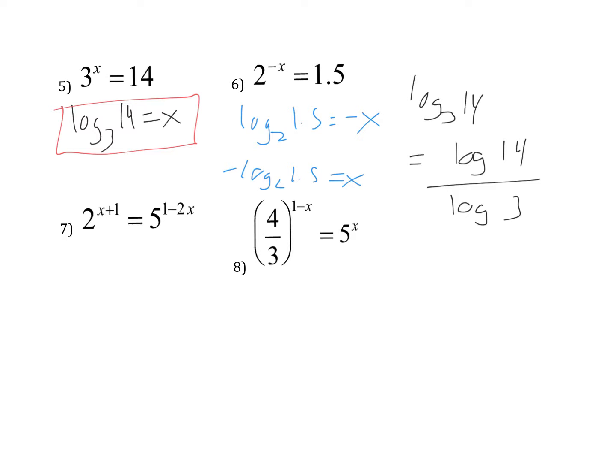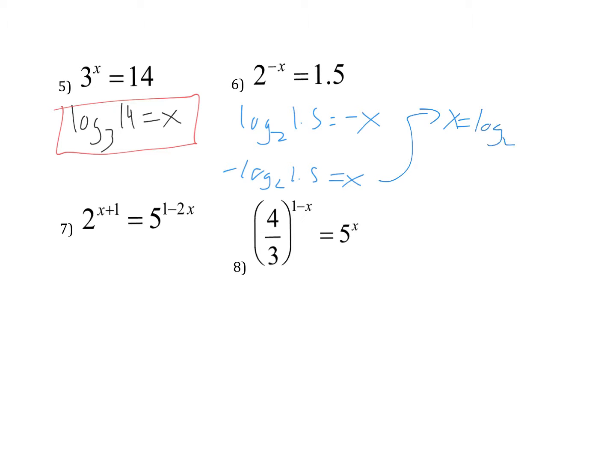And once again, I could stop there. Or if I wanted to use one of my properties of logarithms here to bring this negative inside, I could say x equals log base 2 of 1.5 to the negative 1, or 1 over 1.5. Either one is fine.